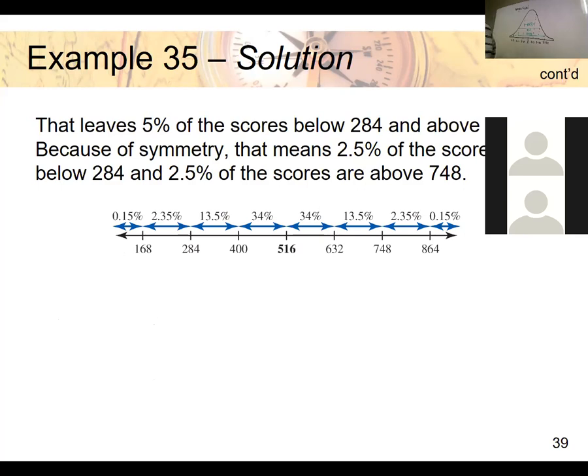It means 5% of the scores were outside 284 and 748. Because of symmetry, 2.5% of the scores are below 284 and 2.5% are above 748. Here they've broken it up like this, for any normal bell curve.